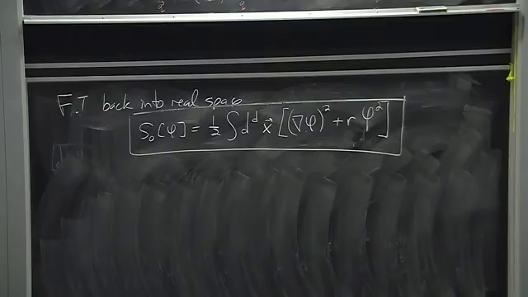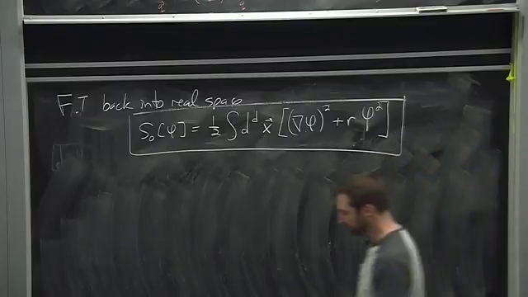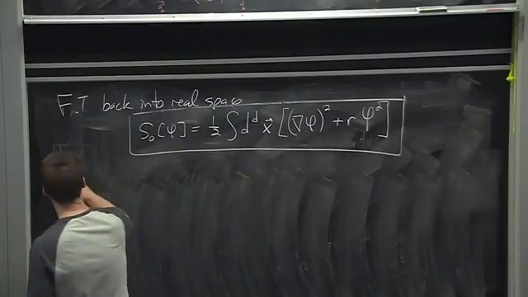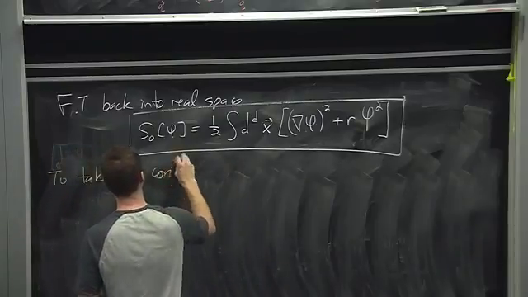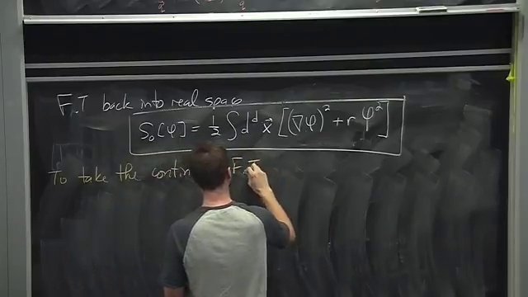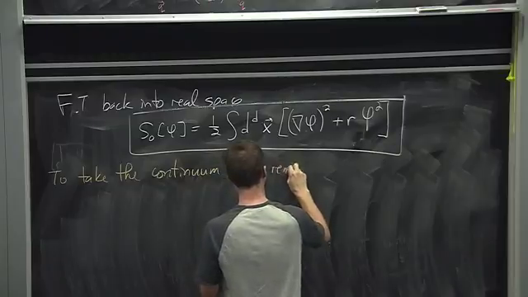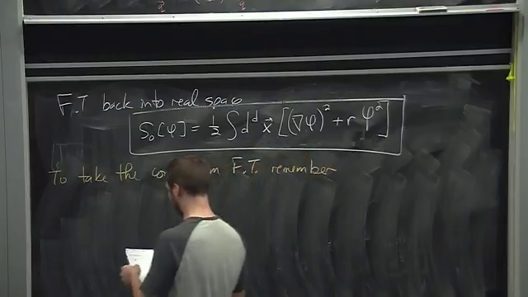So once you define that convention, everything in terms of the continuum, including the continuum Fourier transforms, falls out of that. So that's a momentum space case.